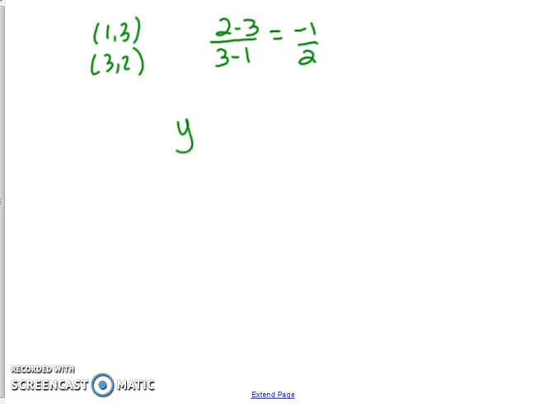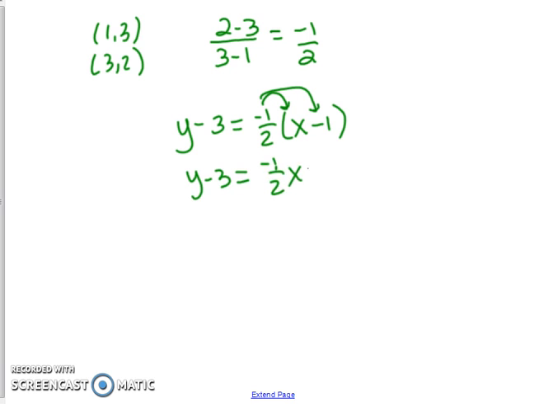And then I'm going to use point slope form. So I'm going to use the first equation. So y minus 3 equals -1/2 times x minus 1. I'm going to distribute, so y minus 3 equals -1/2 x plus 1/2. And then I'm going to add 3. When I add 3, 3 is the same thing as 6/2.